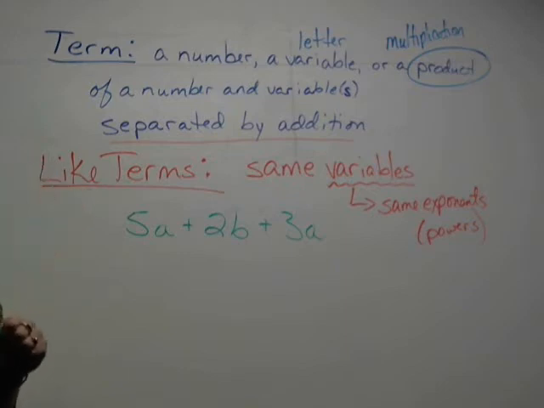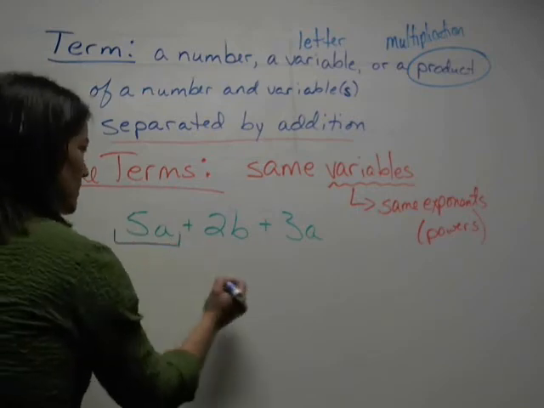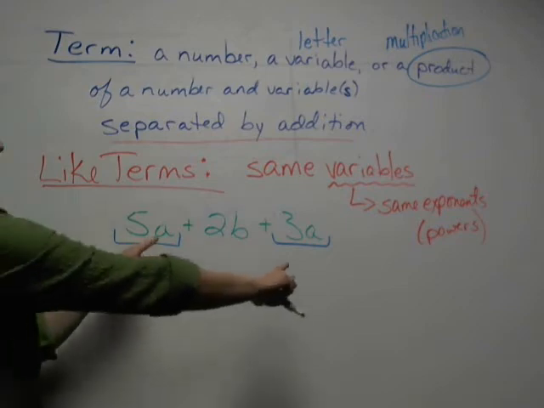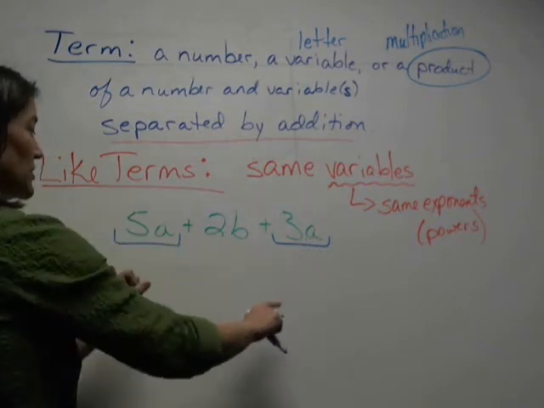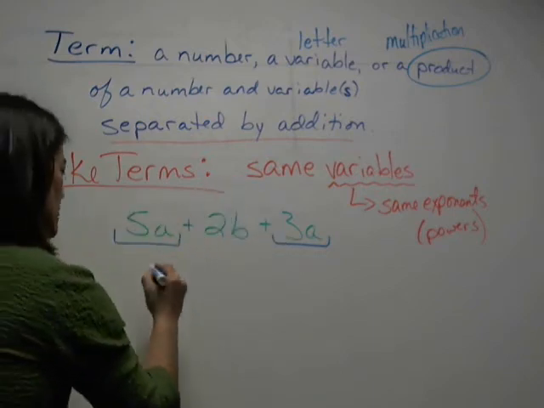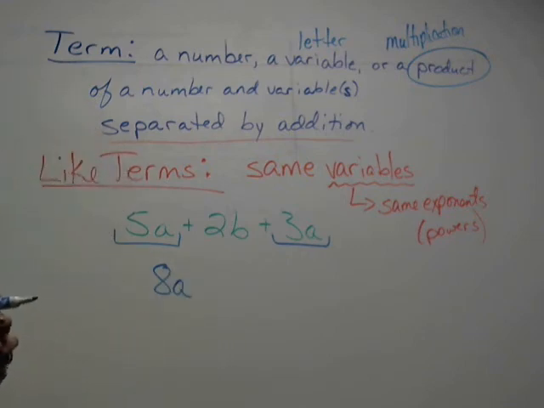Only two of the terms are alike, because only two of the terms have the letter A. 5a plus 3a. Now we've identified that they are like terms because they have the same variables, so now all we do is add the big numbers in front. 5 plus 3 makes it 8, and I keep that A. 5 A's plus 3 A's is 8 A's.